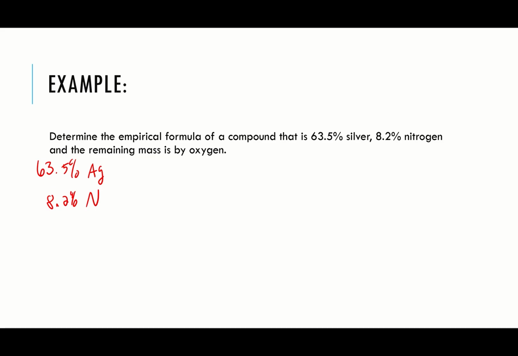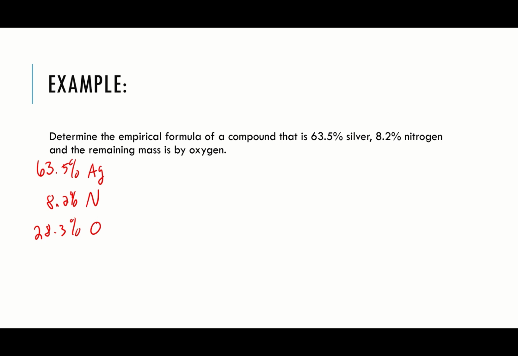Because these 3 elements make up the entire compound, all 3 percentages should add up to 100%. So if I have 63.5% silver and 8.2% nitrogen, I must have a remaining 28.3% oxygen in this compound.